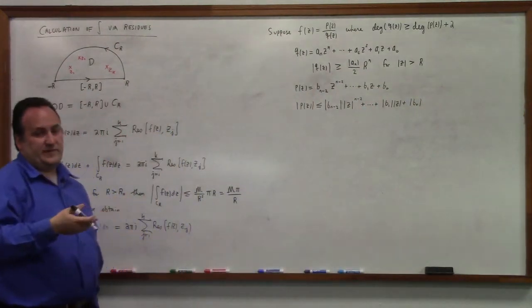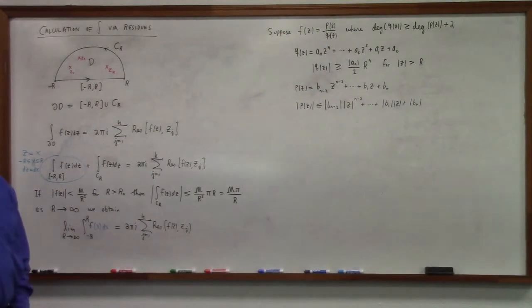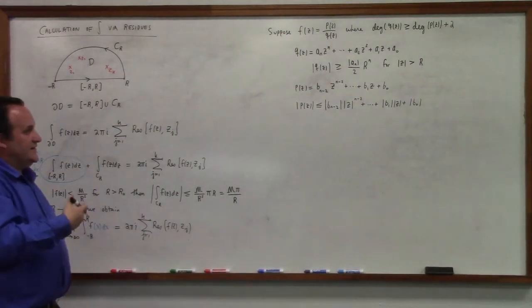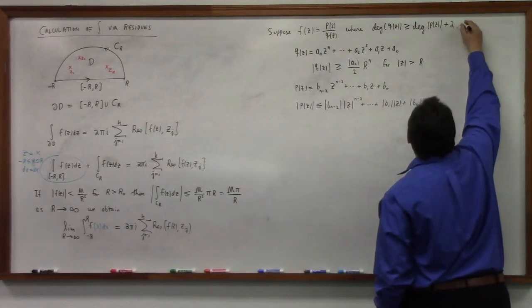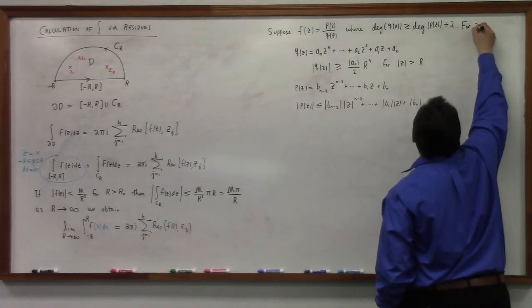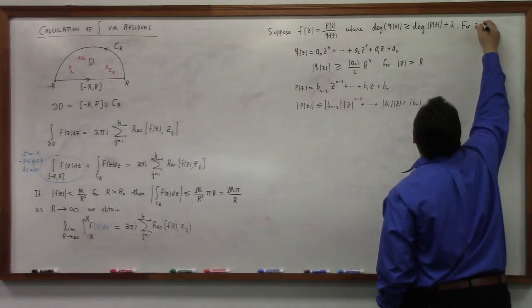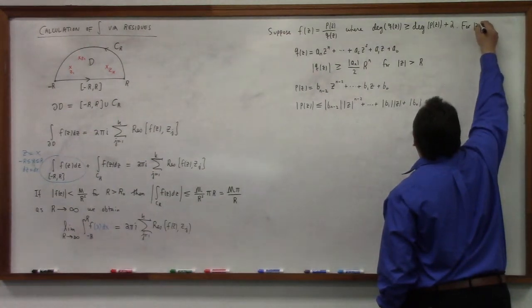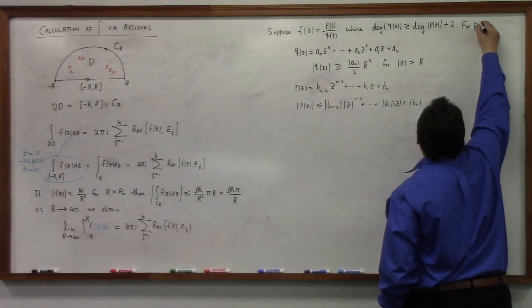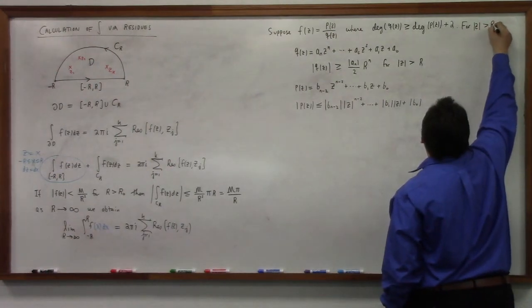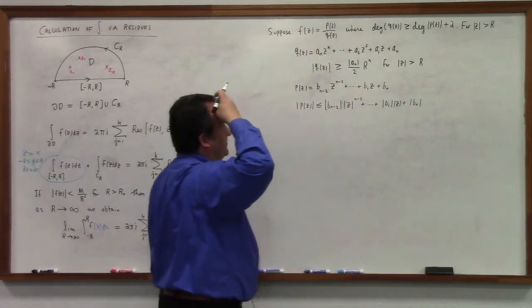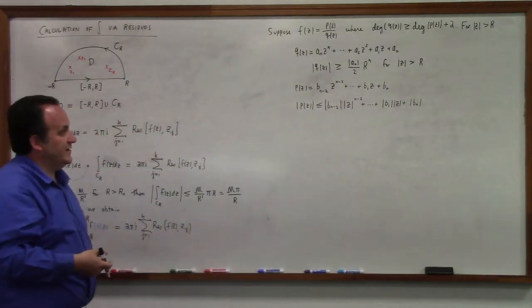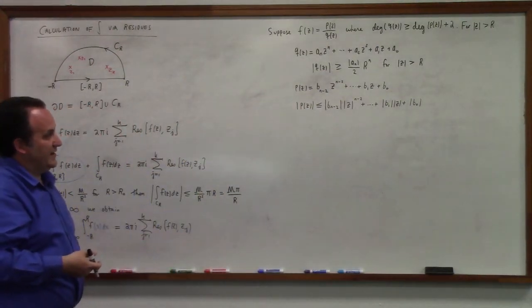But here, where am I looking? This whole discussion is for the modulus of z greater than R, for some particular R that's supplied by arguments I'm not quite giving you here.